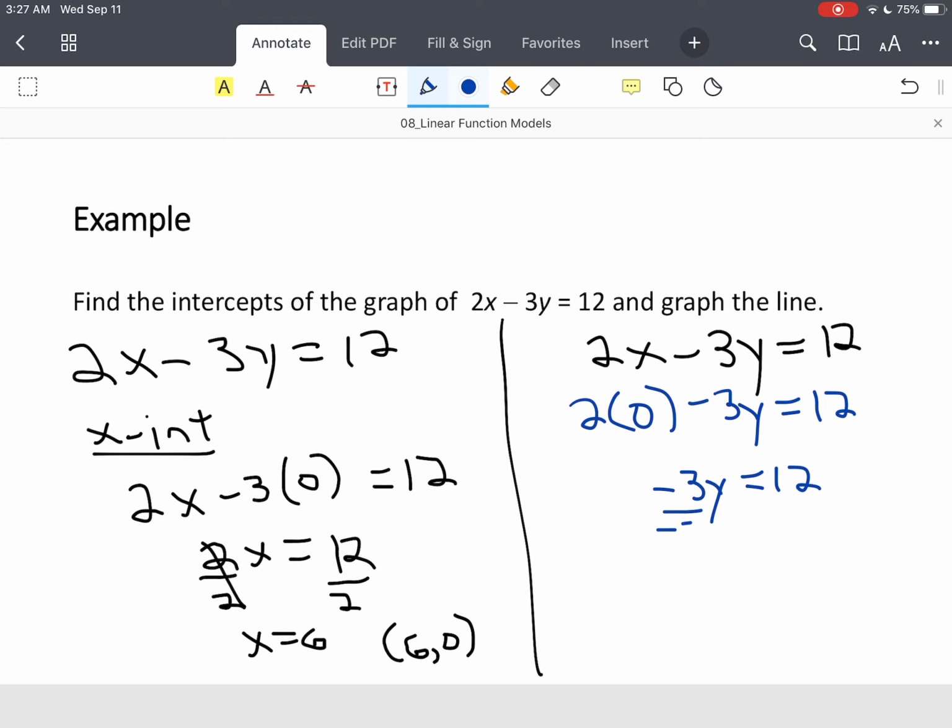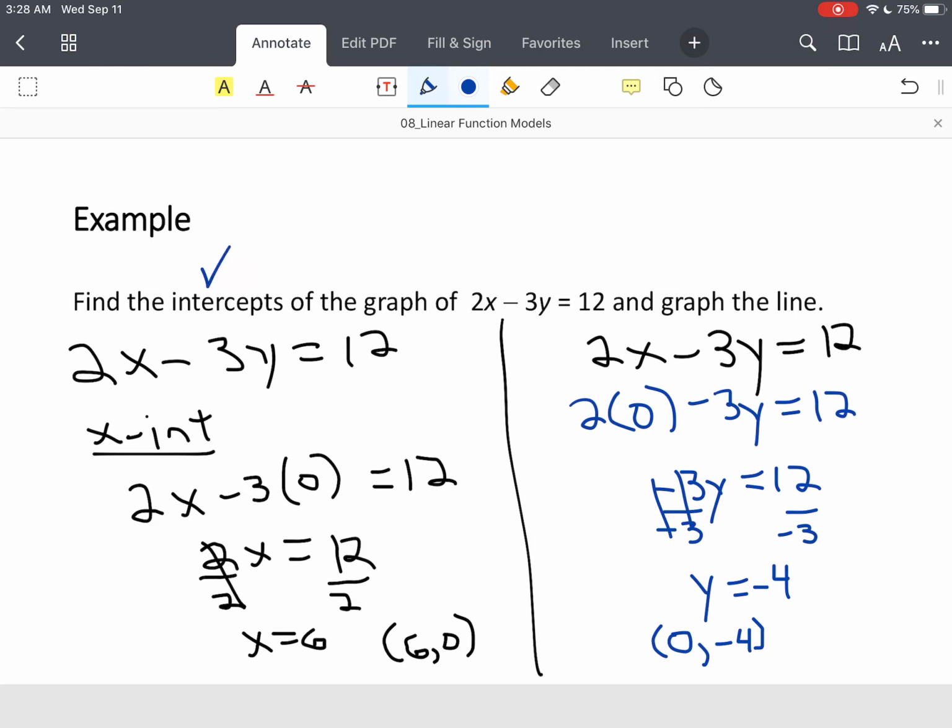We divide both sides by negative 3. We end up with y equals negative 4. Now, that's an equation, okay? But they didn't ask us for an equation, they asked us for a point. So as a point, we substituted 0 for x, and our y-intercept as a point is (0, -4). So we found our intercepts.